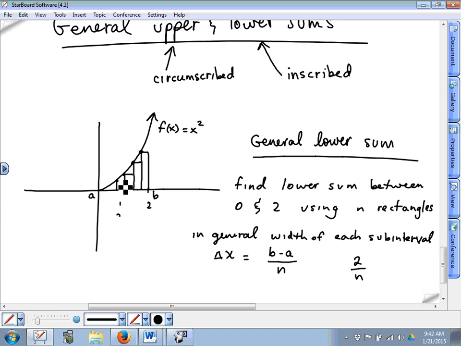Okay. You okay with this? Now here's 2 right here. Here's where our interval is.